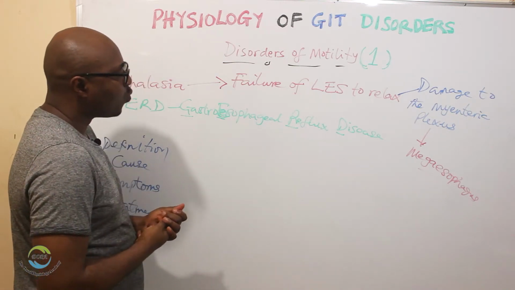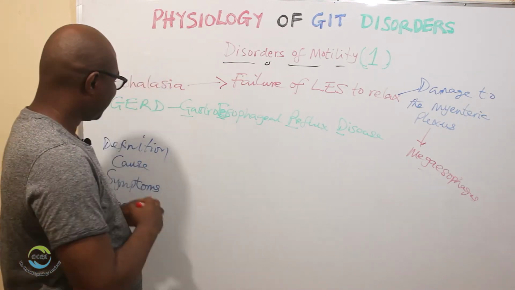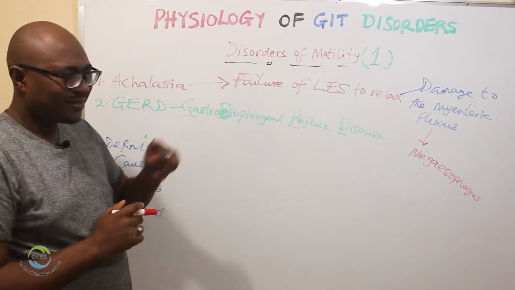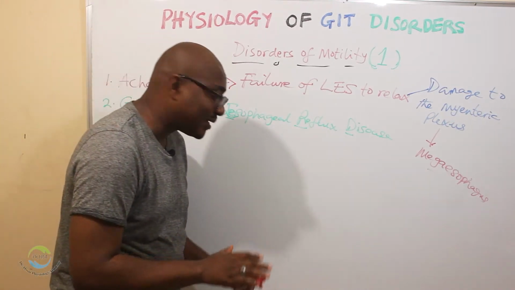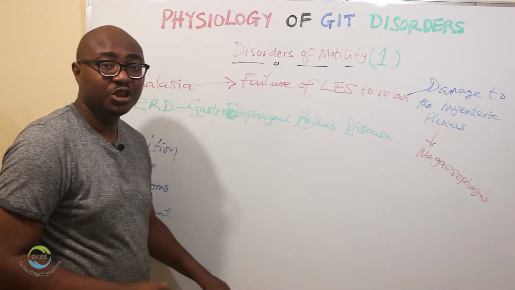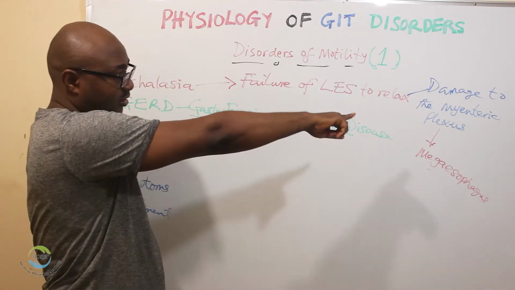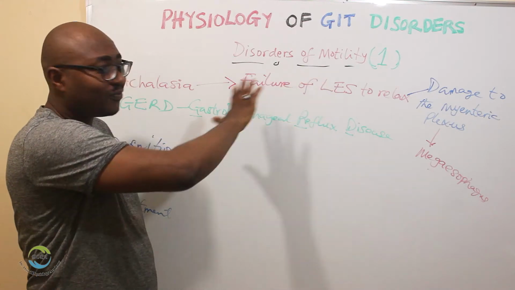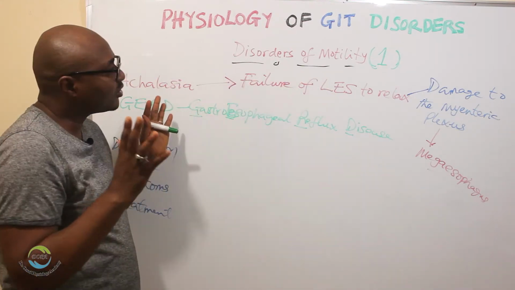Okay? So what do you think causes this particular problem? The truth of the matter is that nobody is sure. We are not really sure what causes the damage. Okay? It's as a result of damage of the myenteric plexus in that region.